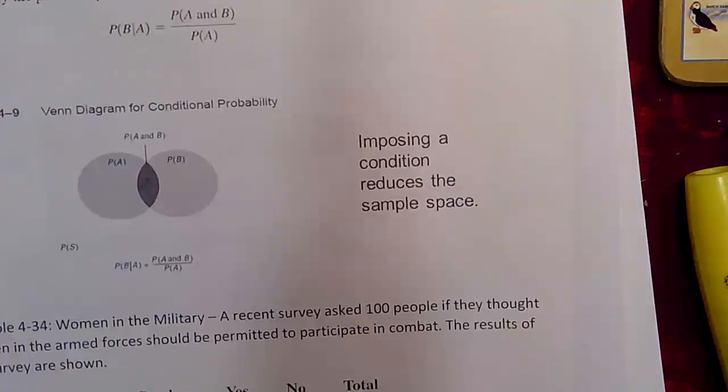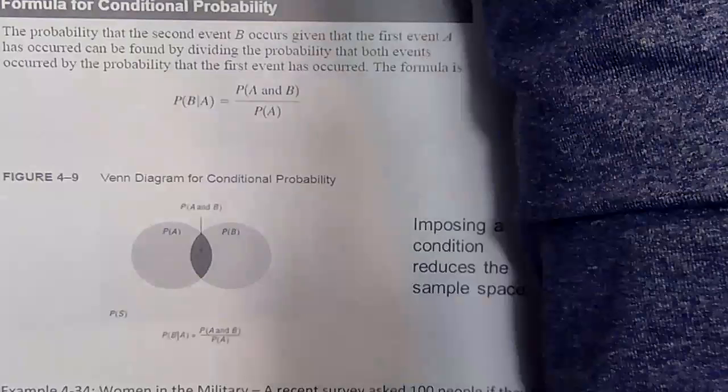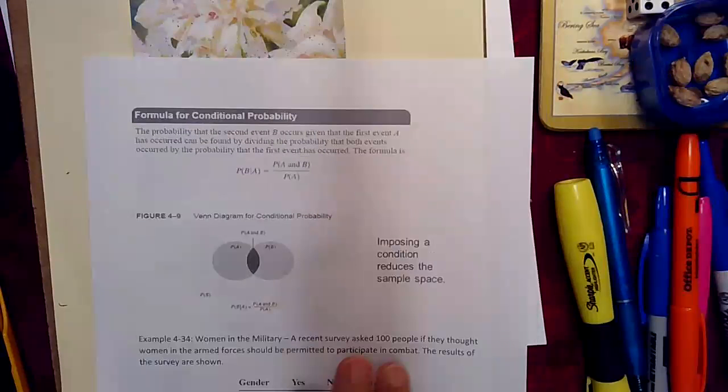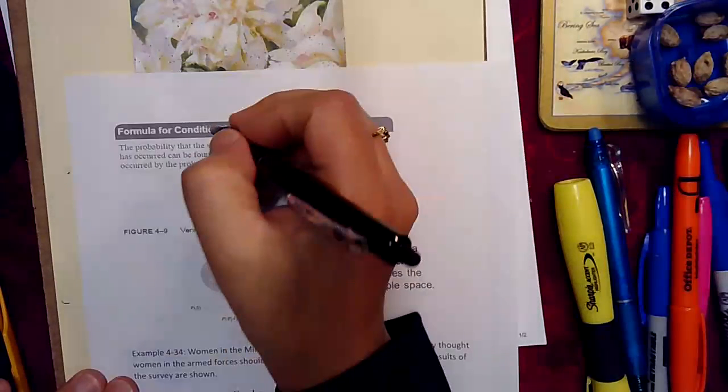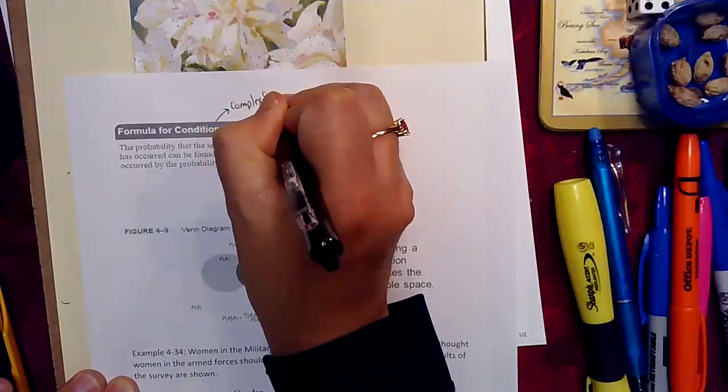Aha. Okay, this is another concept called conditional probability. And with conditional probability, basically what we're going to be working with is a complex fraction.